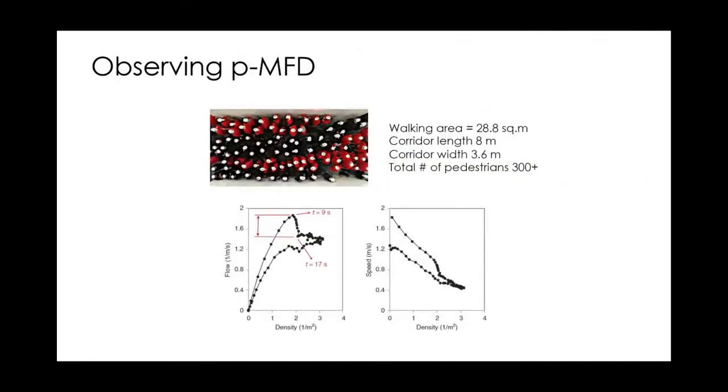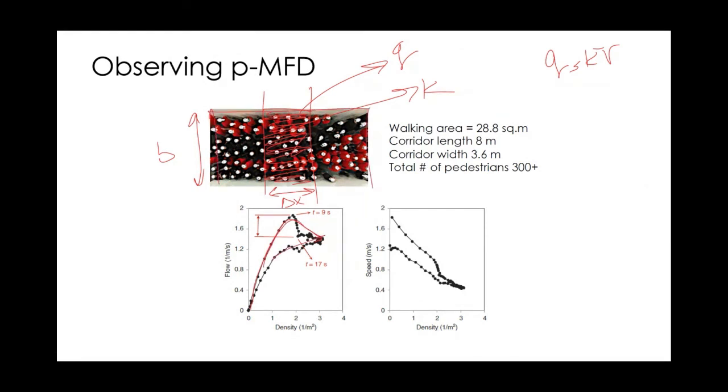So if I draw this area for my measurement, which would be delta x multiplied by b, I do all the measurements within this area using Edie's definitions. I calculate flow, I calculate density, and then to calculate speed, I can easily use Q equals KV, the traffic flow fundamental identity. If I plot flow and density against each other for this specific area, I get the fundamental diagram.